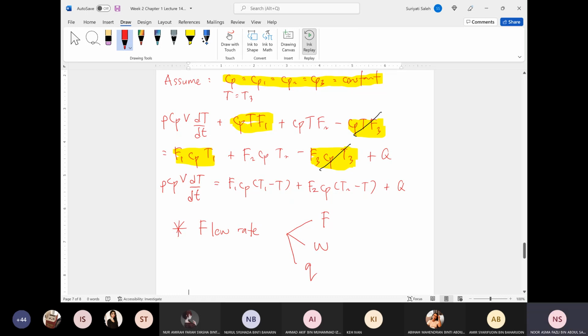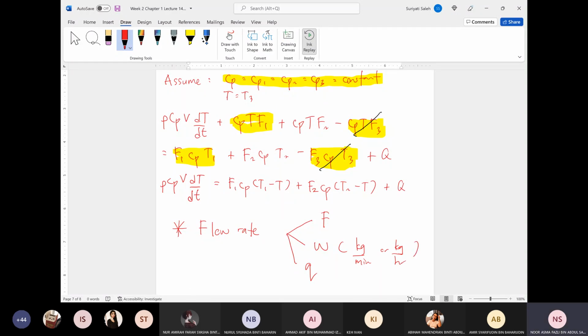So what is the difference? Okay, in this case, you need to be very careful. You need to check what is the unit used for the given symbol. In the textbook, they use W, and if you take a look closely, the unit should be kilogram over minute, or sometimes kilogram over hour.